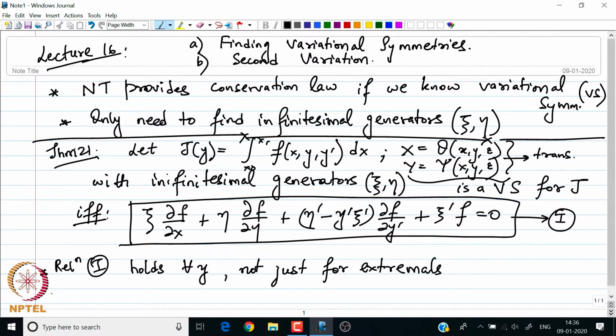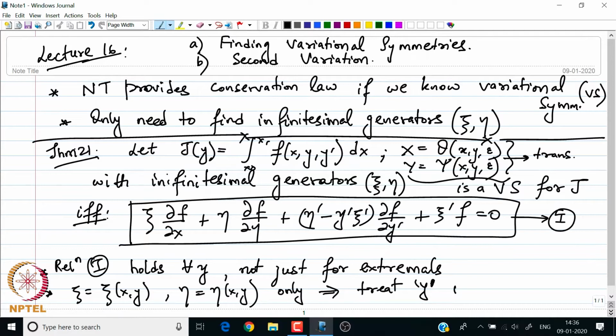The other issue that I highlighted is that xi and eta are both functions of x and y. Since they are only functions of x and y, we can treat y prime, which is dy dx, as an independent variable.